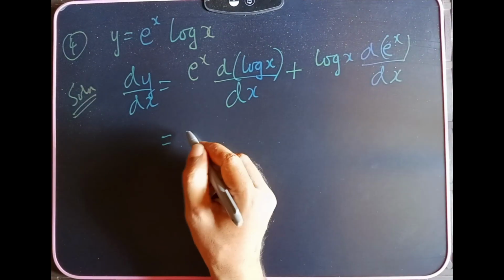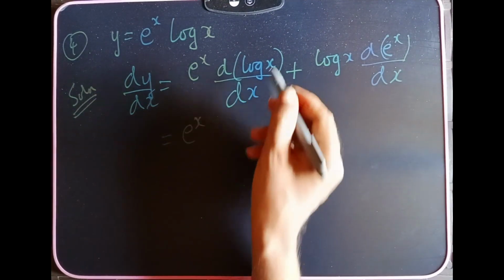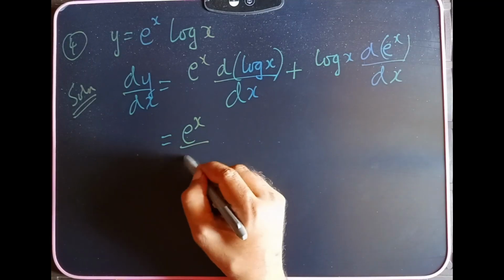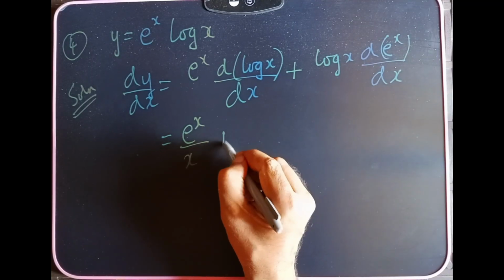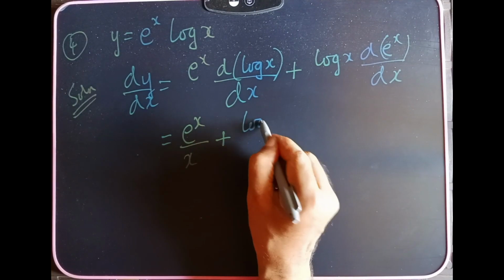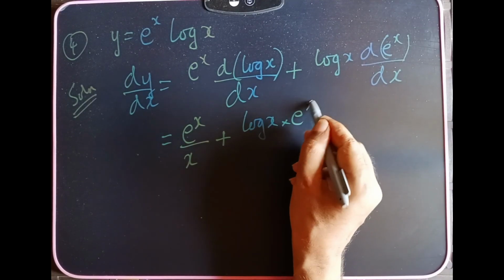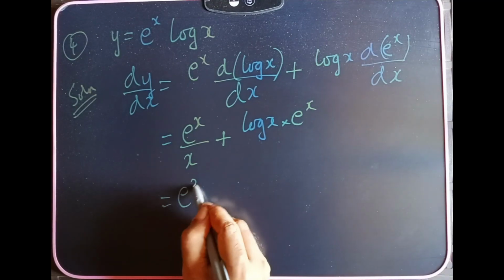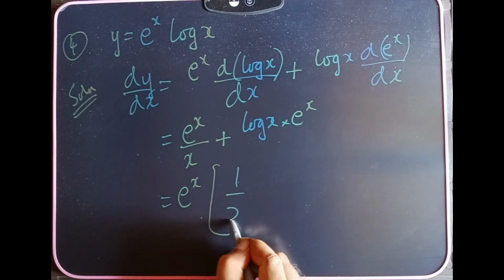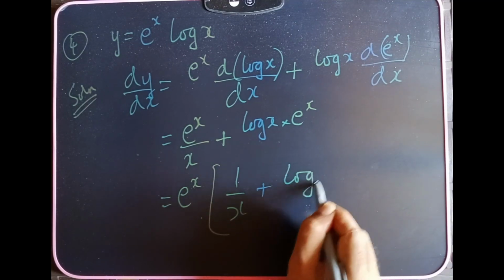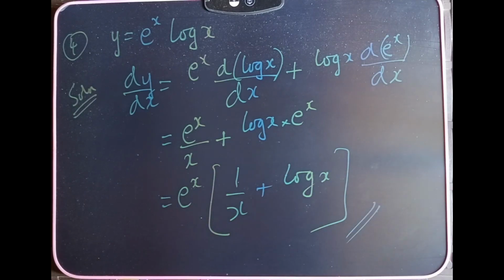So here you will get e raised to x, derivative of log x is 1 by x, so I can put directly divided by x, plus log of x, derivative of e raised to x will be e raised to x itself. This can be written as e raised to x times 1 by x plus log x. This is the solution. So we have solved 4 problems for derivatives.